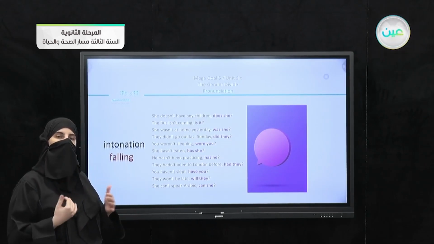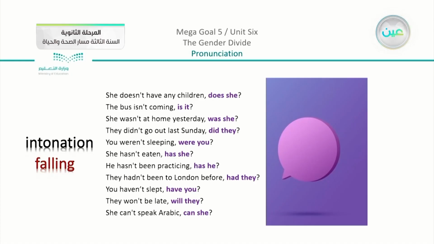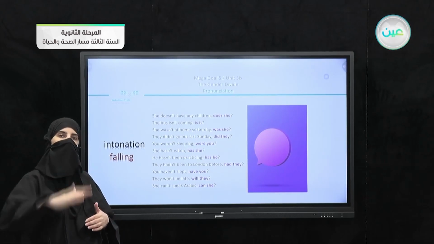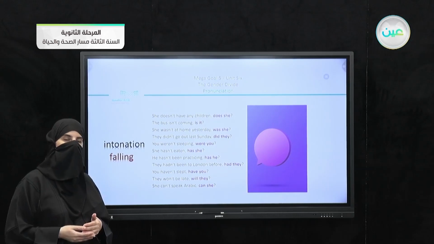To make you understand the difference, we can just compare. So let's just focus on here. You weren't sleeping. I'm going to pronounce that once with a rising tone and the other time with a falling tone. You weren't sleeping, were you? Or I can say, you weren't sleeping, were you?